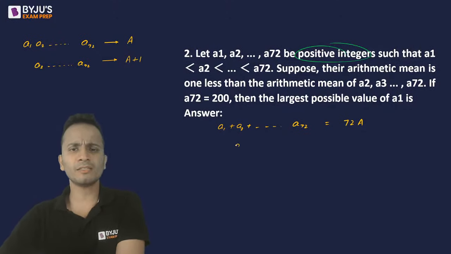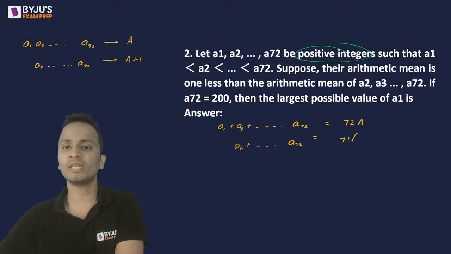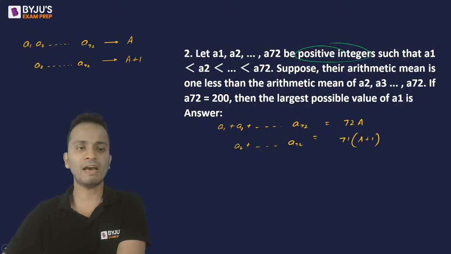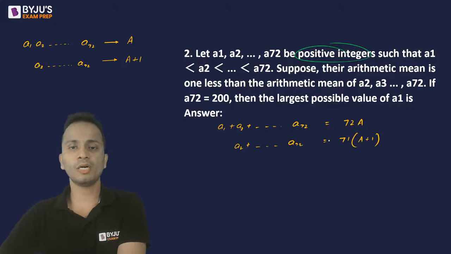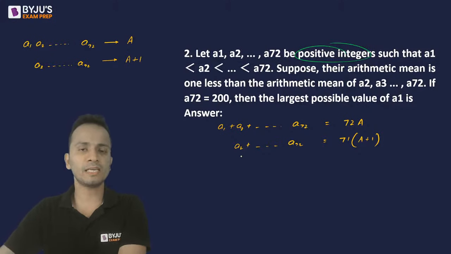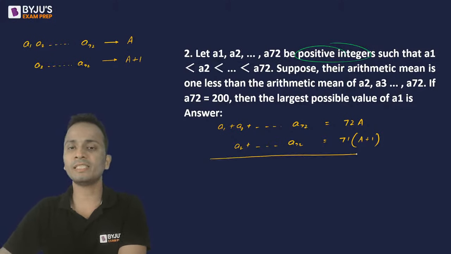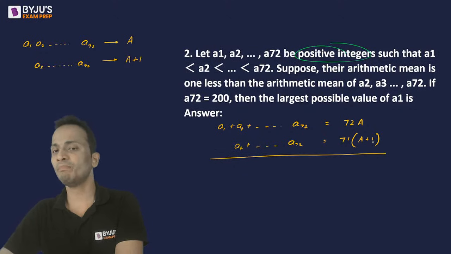In a similar manner, the sum of A2, A3, A4 up till A72 should be equal to 71 times A plus 1. All right, so this will be the average of these 71 terms. Clear? Now, the sum of A1 up till A72 is 72A and the sum from A2 up till A72 is given as 71 times A plus 1.